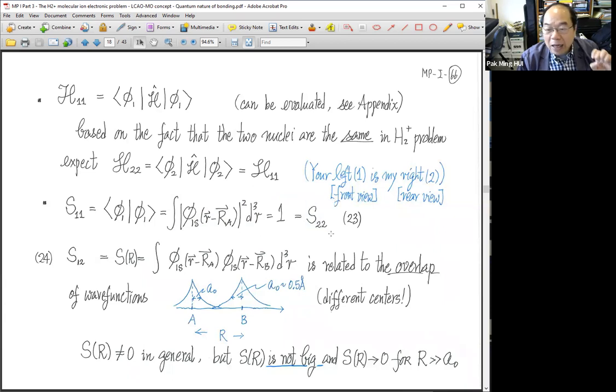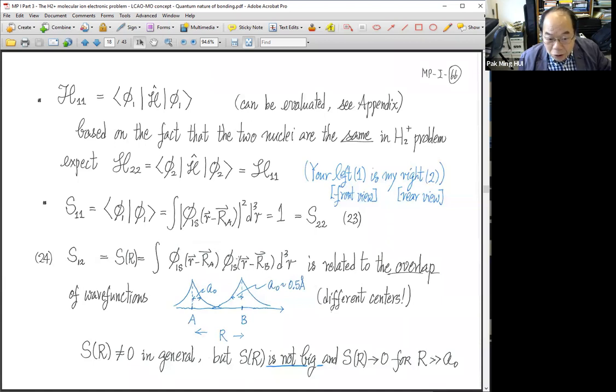Here is a point that I would like you to take home. It is about S12 or S21. It doesn't matter. Now, formally, what is it? 1 is the 1s state centered on the left. I should have put a complex conjugate sign, but I take 1s as a real wave function. Therefore, I don't need to do it.